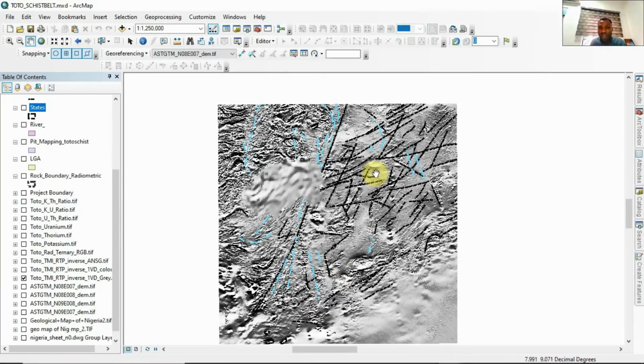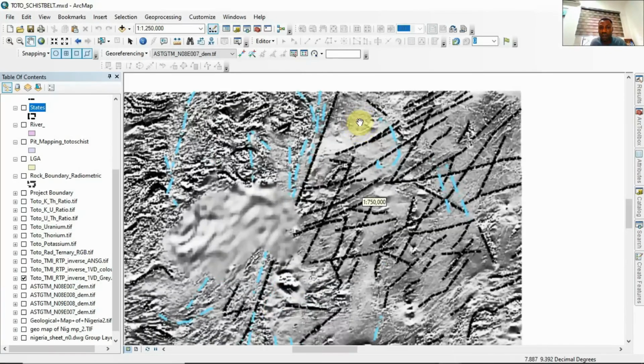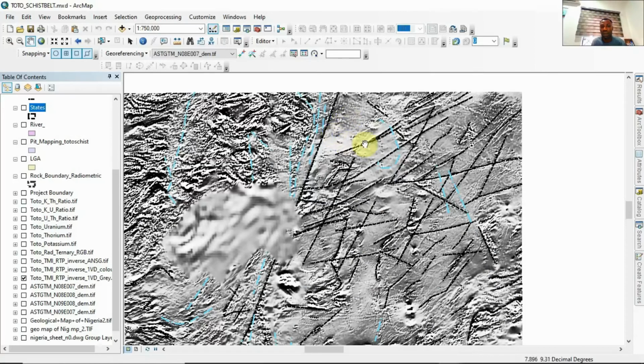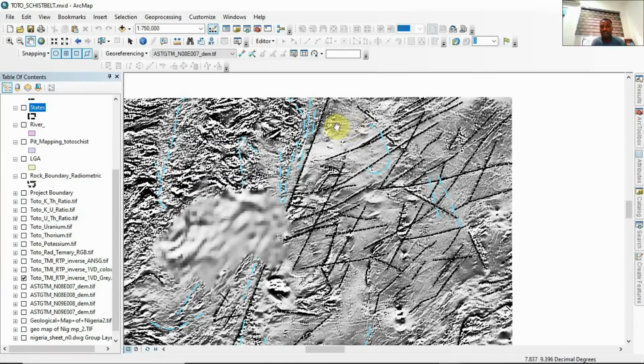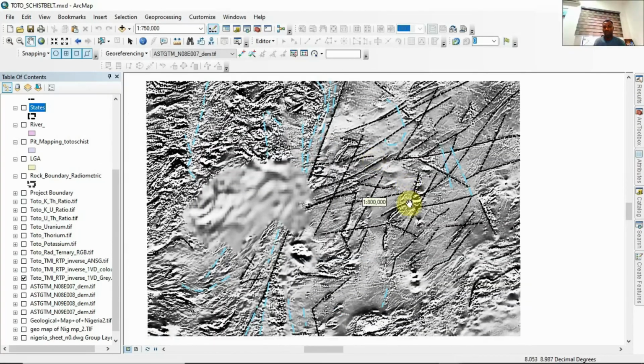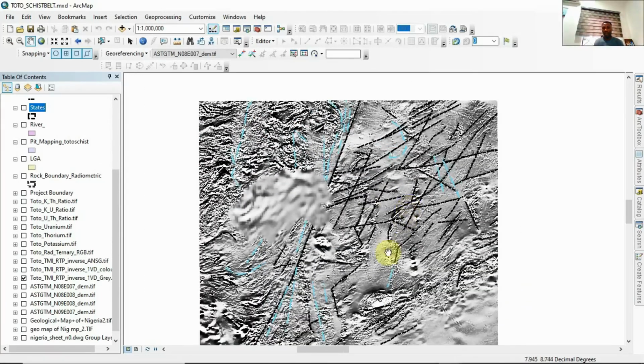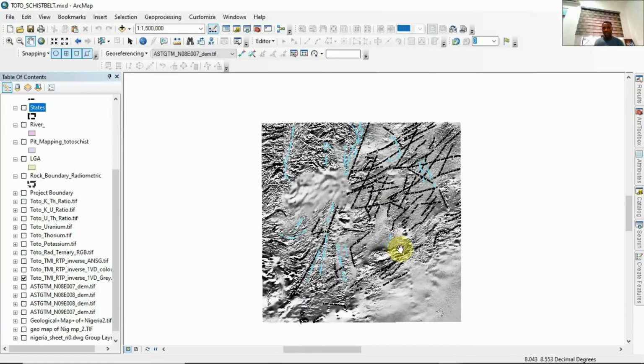So this is what we are talking about when you are observing. Now look at this place also. You can see a finer texture around here. So if you want to look at this regionally, there's a clear indication that there is movement along this line and along this line.